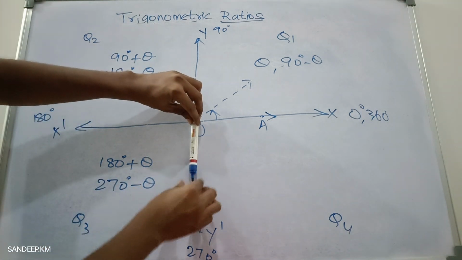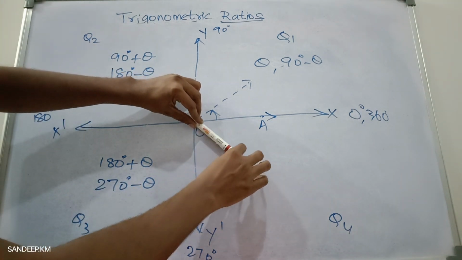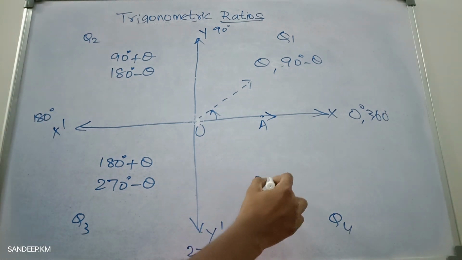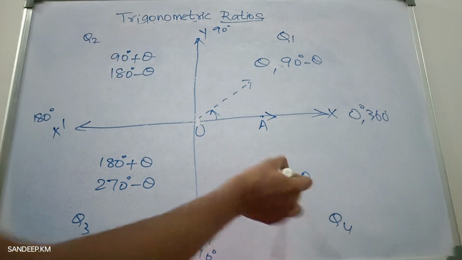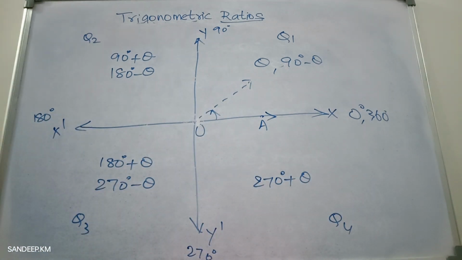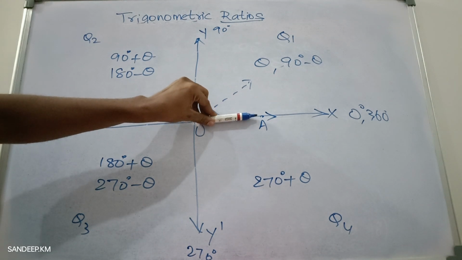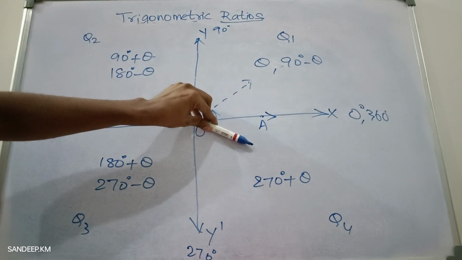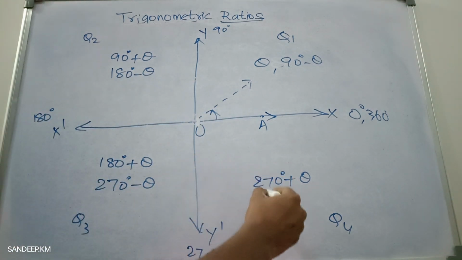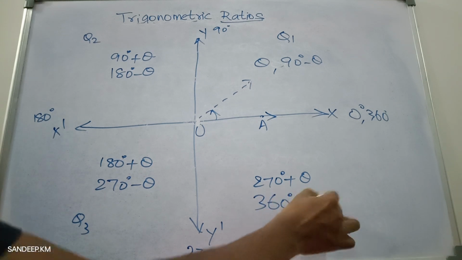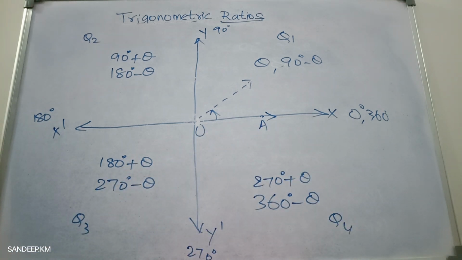Now I am at 270 degrees. So if I travel front, then we get 270 plus theta, which is an angle in the fourth quadrant. Now I am at 360 degrees, you got it, and I am traveling back. Then 360 degrees minus theta is an angle in the fourth quadrant.